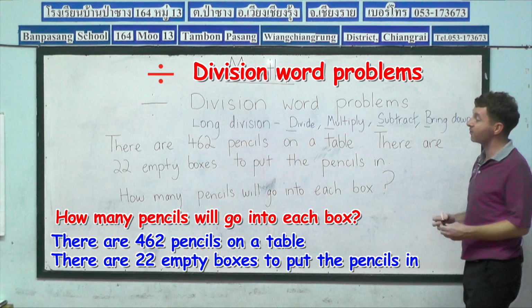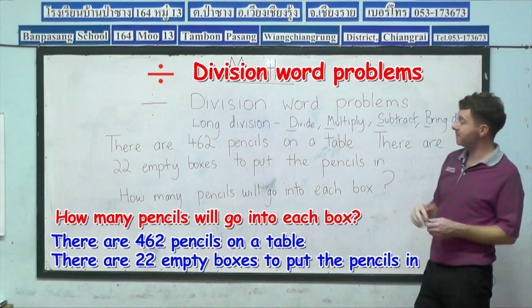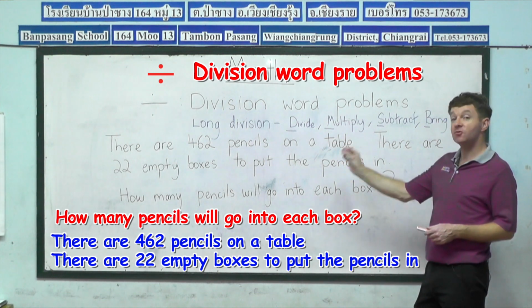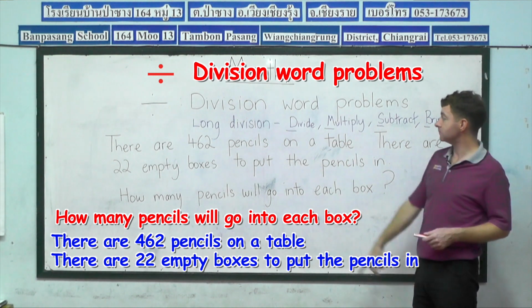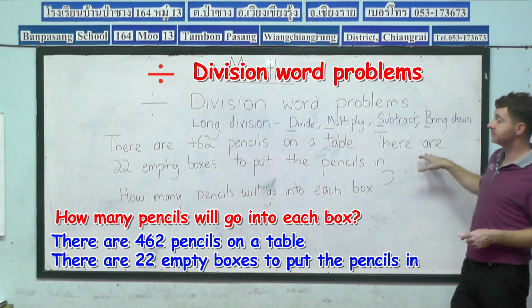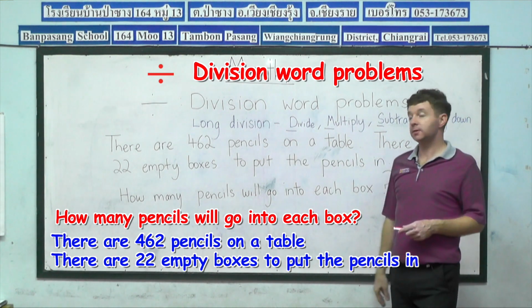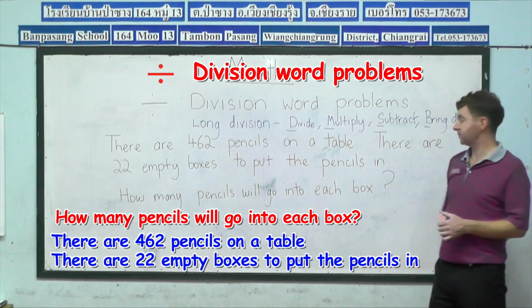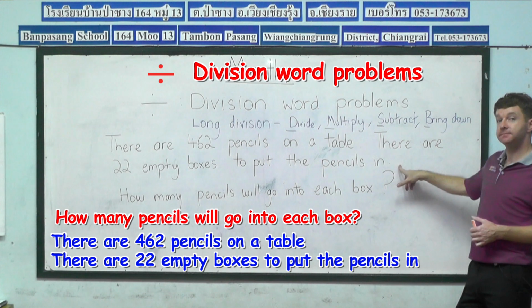So let's read it all together first. There are 462 pencils on a table. There are 22 empty boxes to put the pencils in.